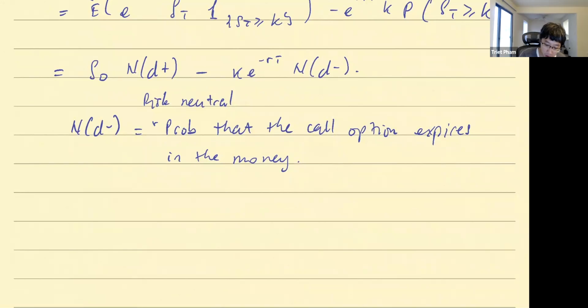Okay. So now this term will show up again in the next topic that we're going to discuss. For that topic, I want to discuss some application of the Black-Scholes model.